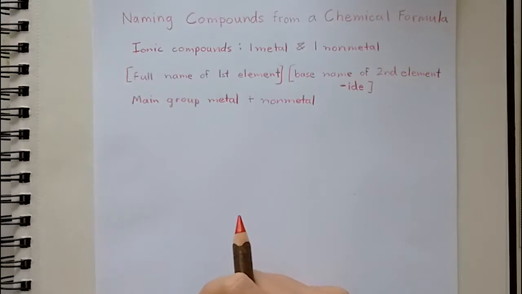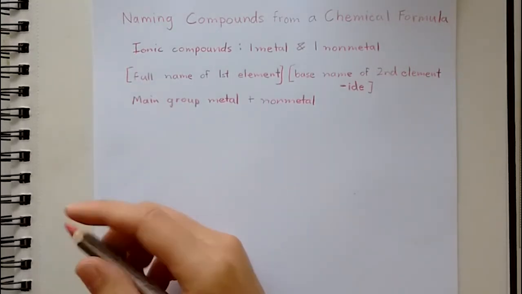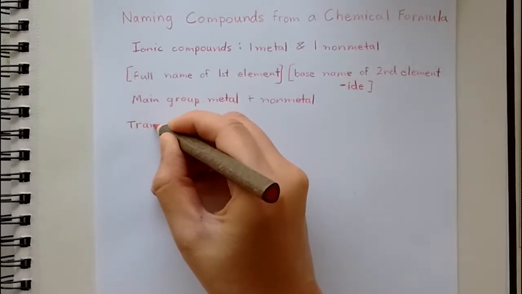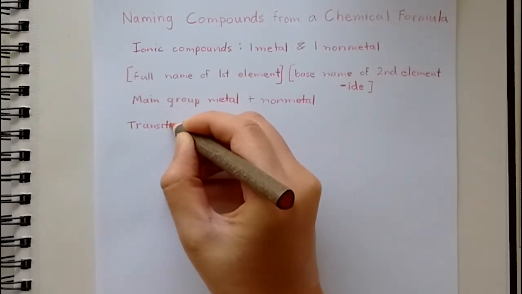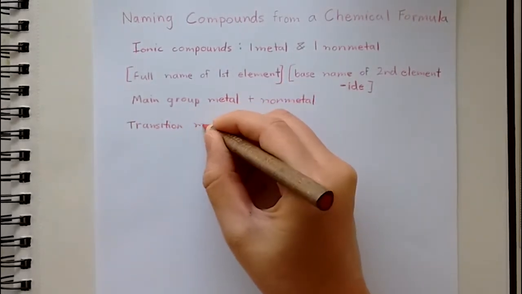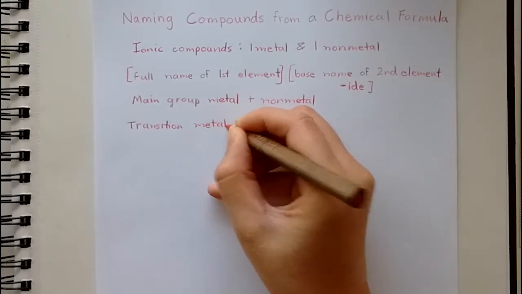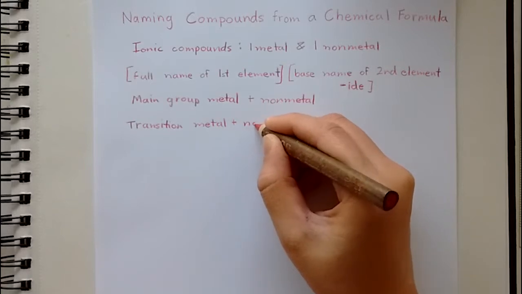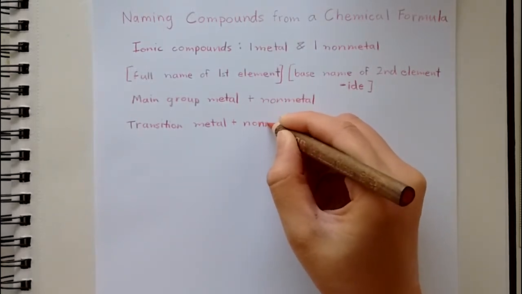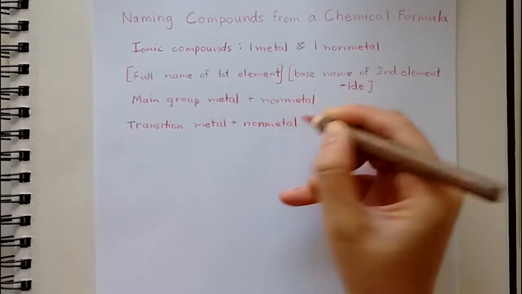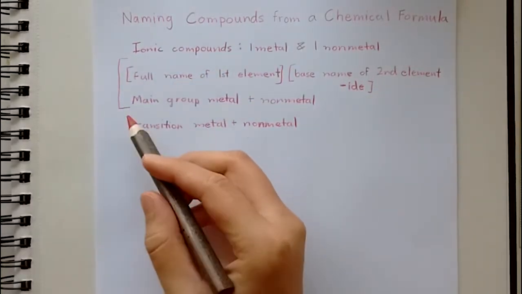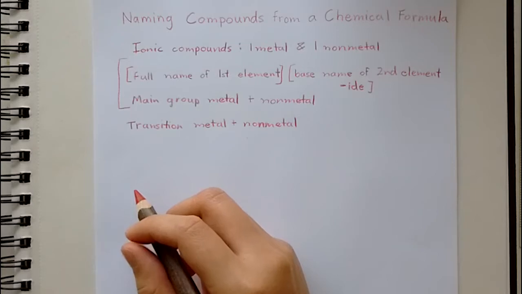Now there is another case of an ionic compound, and that is when you have a transition metal and a nonmetal. Okay, so this is the first case, and this will be the second case.